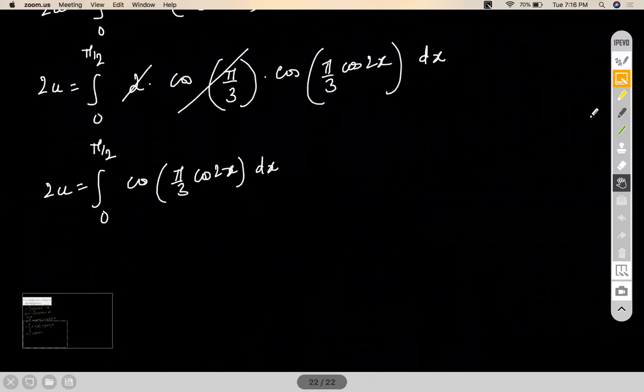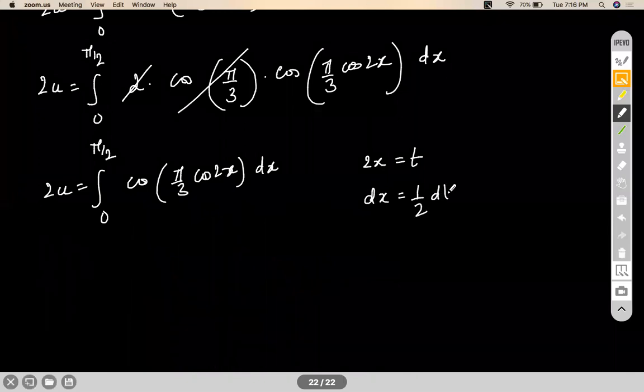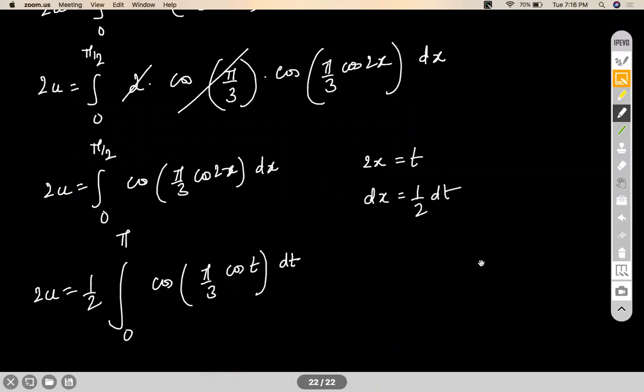Okay. So let me do one thing first. Let me change my 2x with a t first. So dx will be half dt. So 2u will be half, and this will be cos pi by 3 times cos t dt. Limit of integration will become 0 to pi.